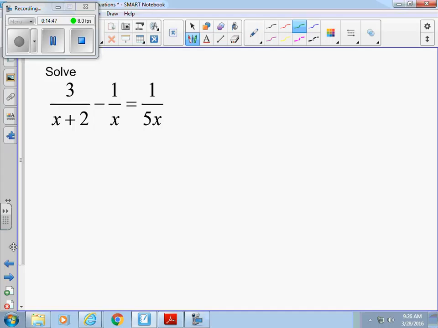Try this one. Now, I am teaching you how to do this by hand. equations in this class. What else can you do to solve equations? Good.